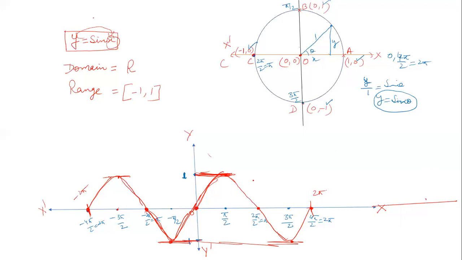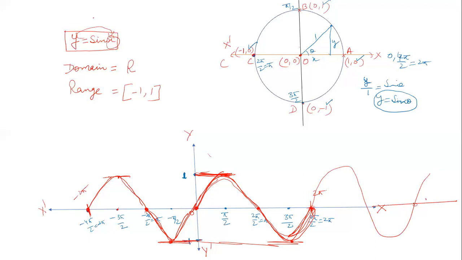What about its periodicity? When will it repeat? You can see we have a complete curve from 0 to 2 pi, and after this the complete curve will repeat again.